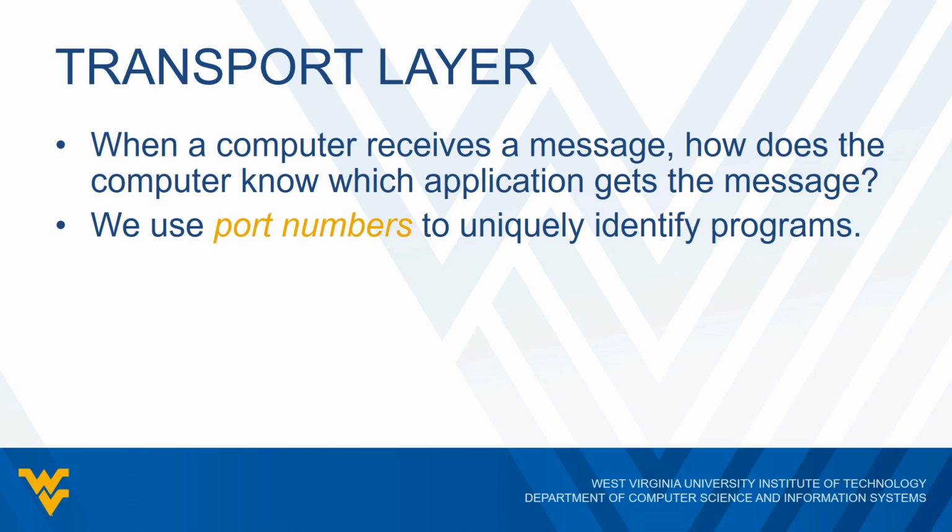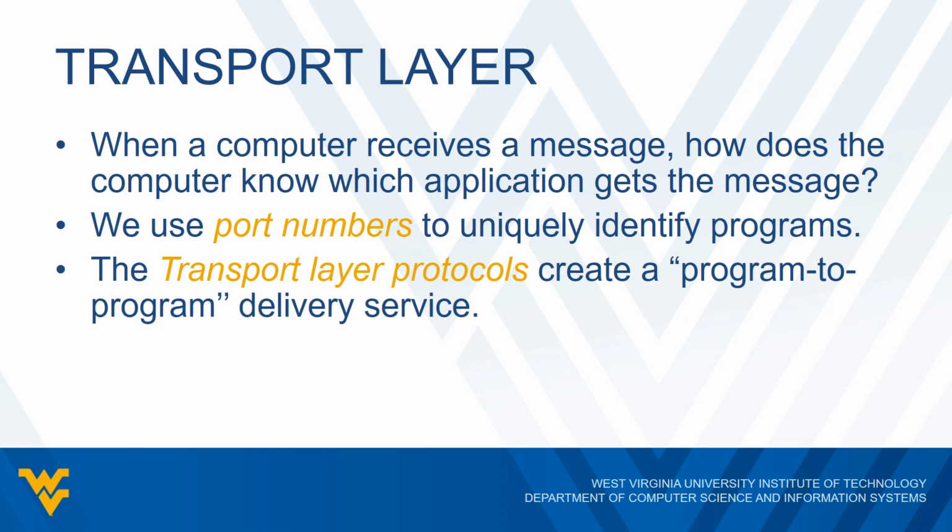Now, assigning port numbers to programs and remembering which program goes with which port is part of the transport layer protocols. So, although each host computer has an IP address, it may have, at any moment in time, many active ports.